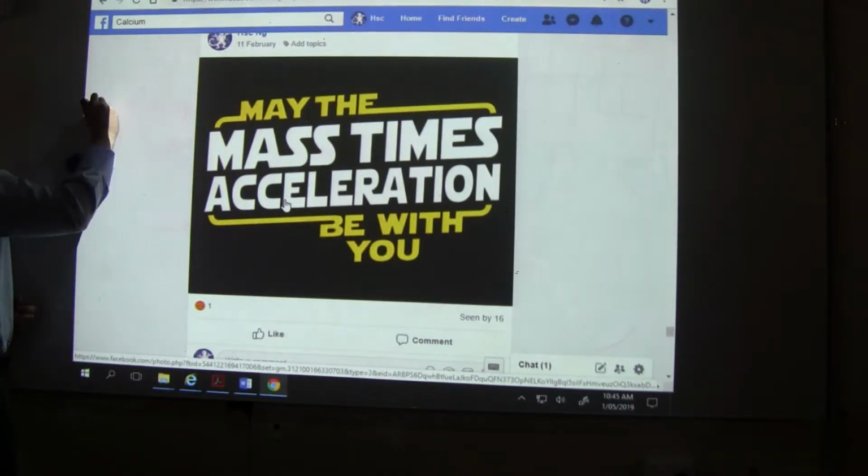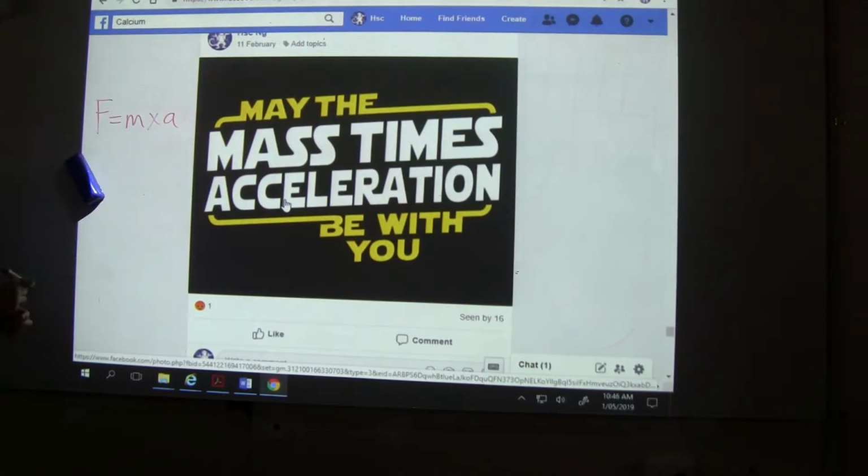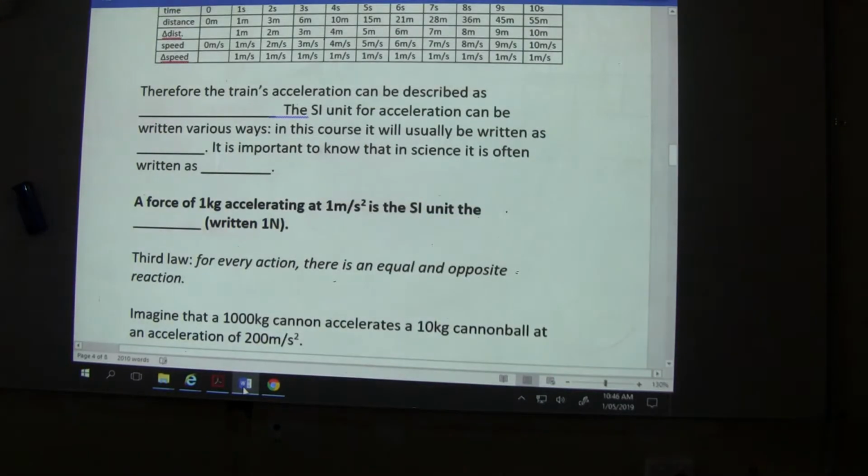Force equals mass times acceleration. F equals ma. Yeah? So, what is the measurement for force? A force of 1 kilogram accelerating at 1 meter per second is called a... What do we think the N stands for?